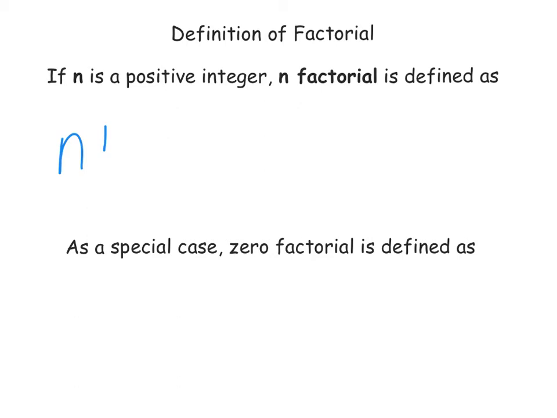All right, let me just give you a quick little example. 3 factorial is 1 times 2 times 3. Okay, I stopped once I got to 3. I multiply all those numbers and I get 6.